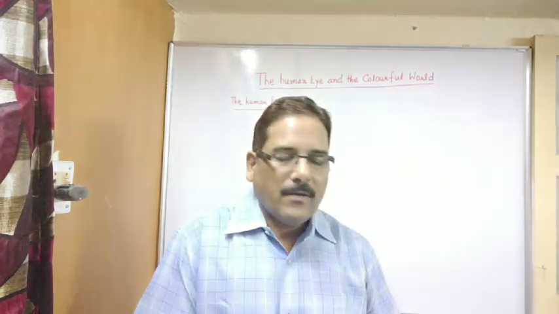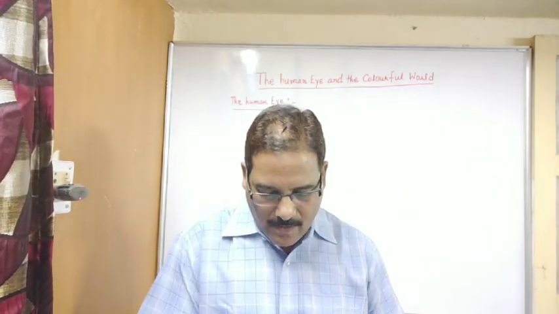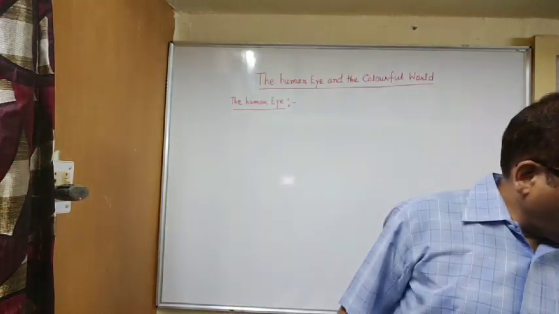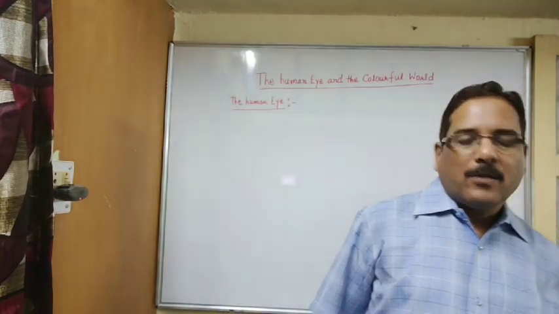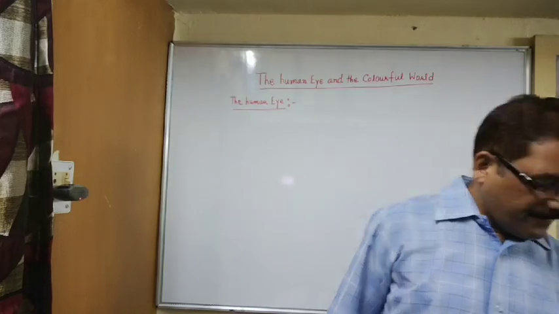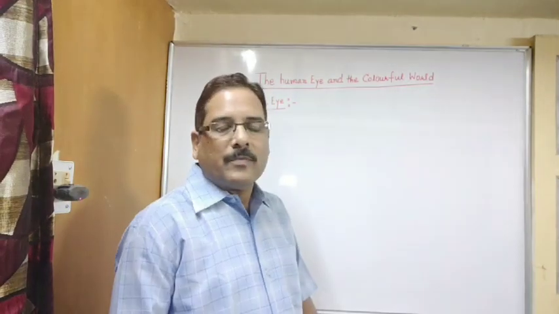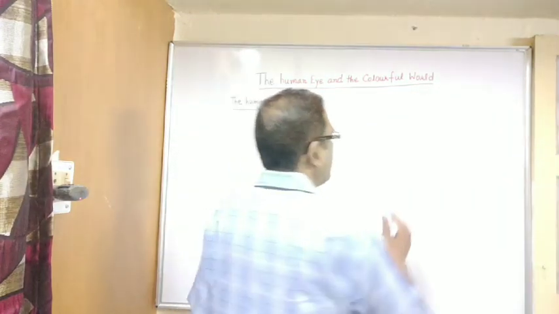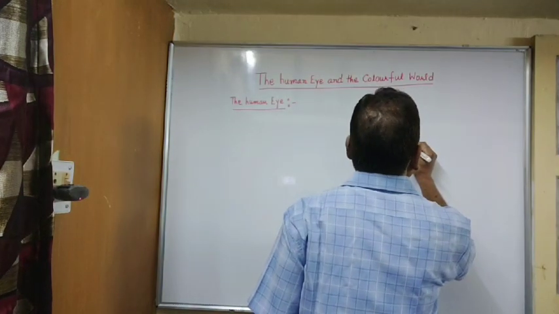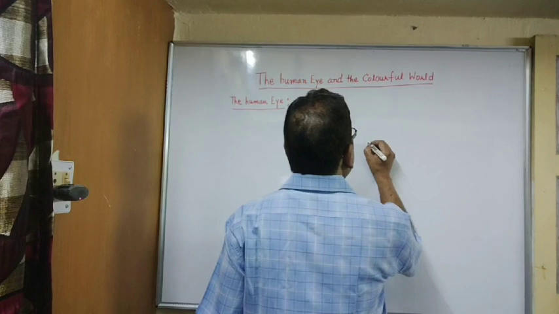First we will draw a labeled diagram of the human eye. It is not so difficult. First, you start drawing with me. Let us draw an eye lens first.